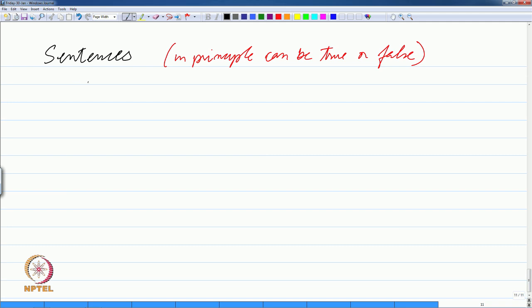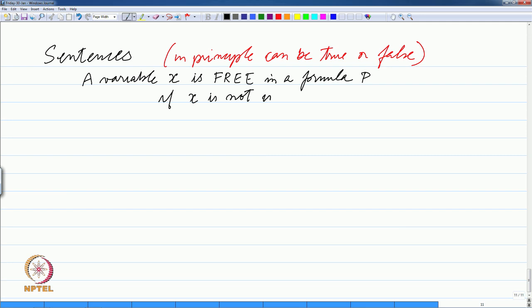So, we say that a variable x is free in a formula, let us call it some formula p, if x is not in the scope of a quantifier.